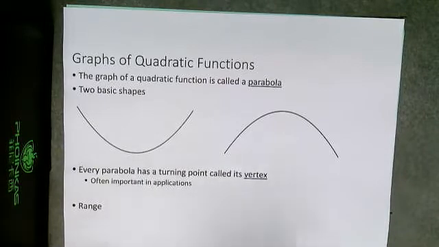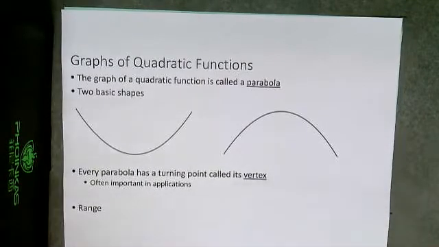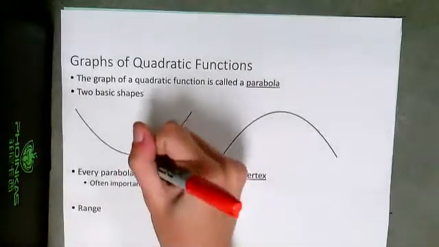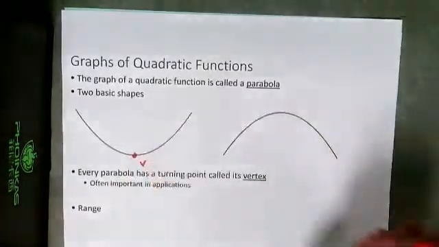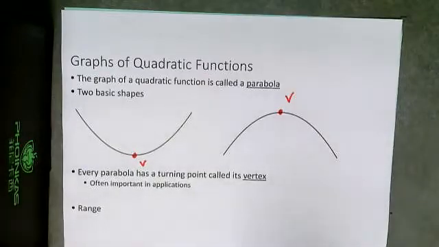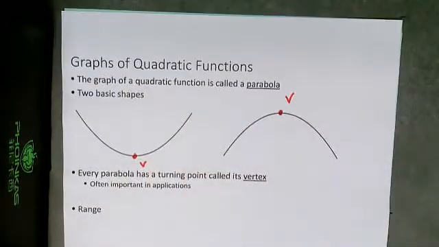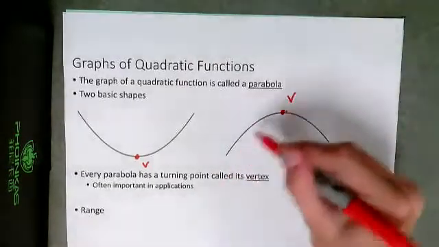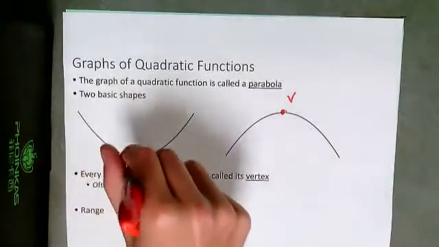All right, graphs of quadratic functions. The graph of a quadratic function is called a parabola, and it has two basic shapes. We either have the one on the left or the one on the right. It's concave up or concave down. And on each of these, we have a vertex. Basically, it's the peak, the highest point, or the bottom, the lowest. So we either have the peak of this concave down parabola or the bottom of the concave up parabola.